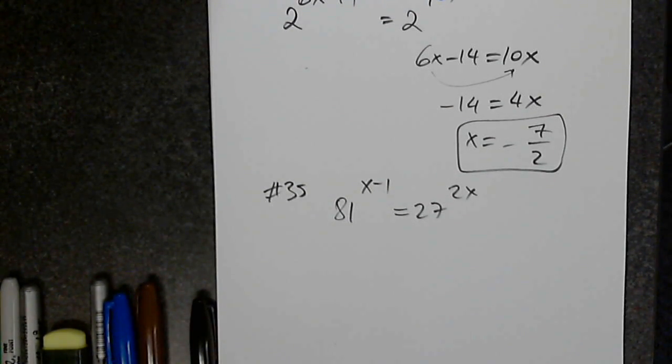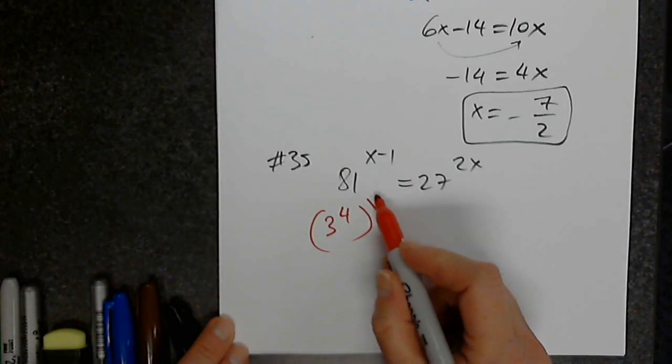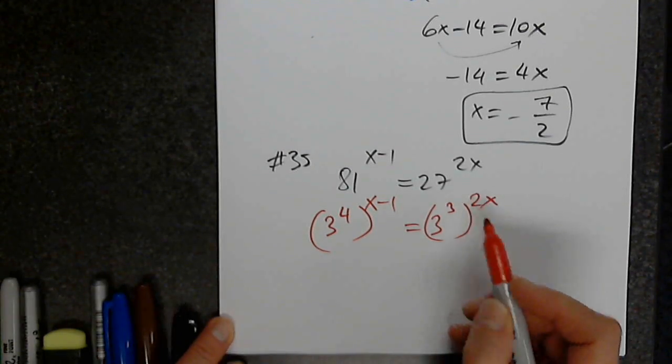Can anyone give us the first step, or should we wait? Convert it to 3 to the 4th, to the power of x minus 1, equals 3 to the 3rd, to the power of 2x. Good.